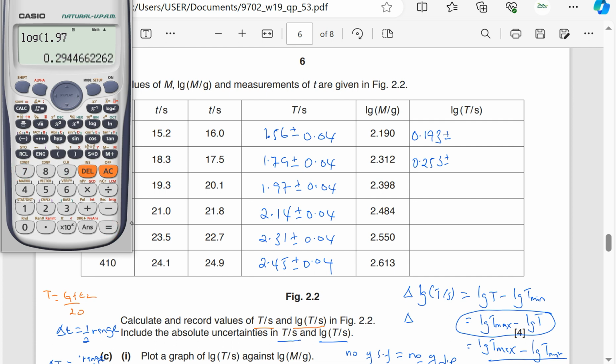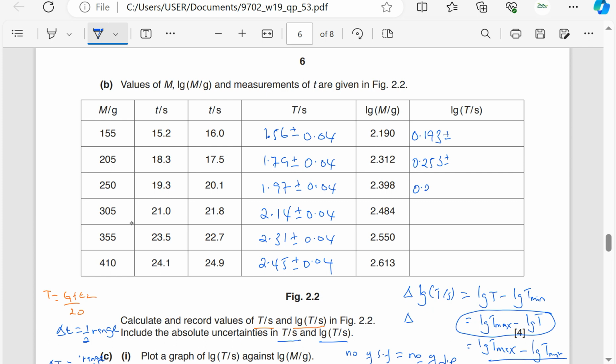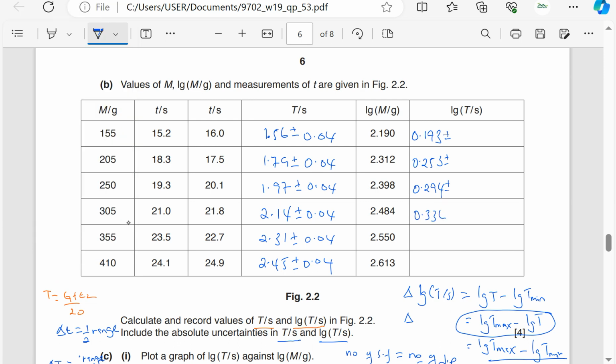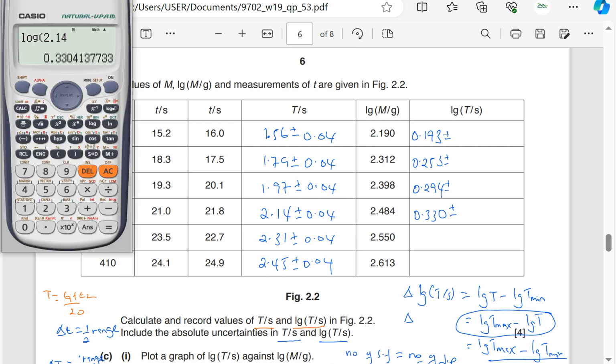Then I have log of 1.97, 0.294 plus or minus. Then I have log of 2.14, 0.330. You should be able to round off correctly.